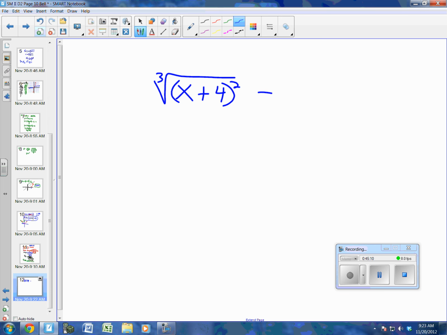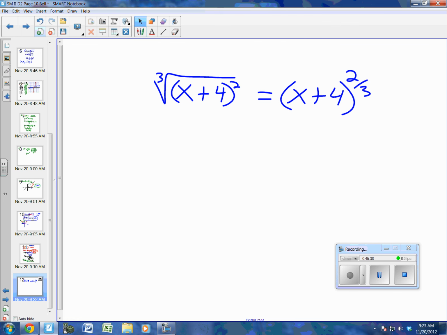Okay, you guys all remember that? x plus 4 to the 2/3 power. One of the problems on your test is going to ask you for the inverse, and after you get all done, it doesn't write the answer like this. It writes the answer like this. So don't forget rational exponents. Do you understand that? Okay, rational exponents.